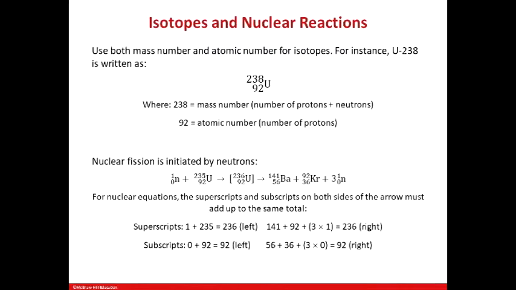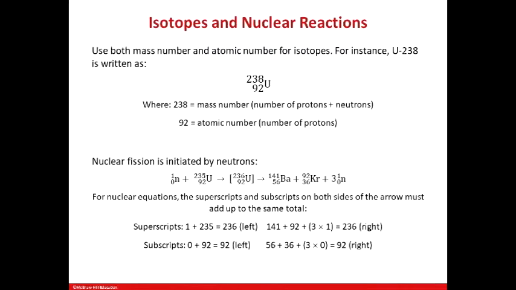This is the mass number, the number of protons plus neutrons. And then we have the atomic number, which is what we see on the periodic table for each element. Each element has a characteristic atomic number, therefore a characteristic number of protons, which uniquely identifies it as that specific element.